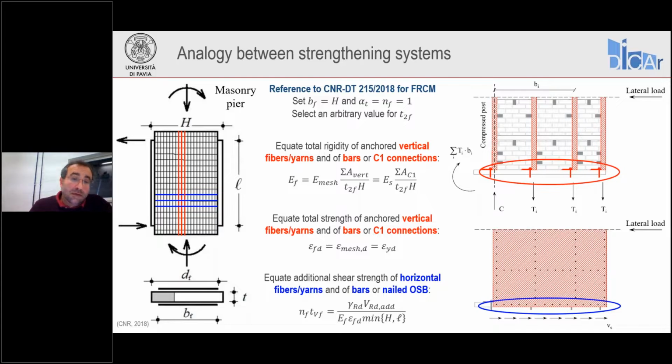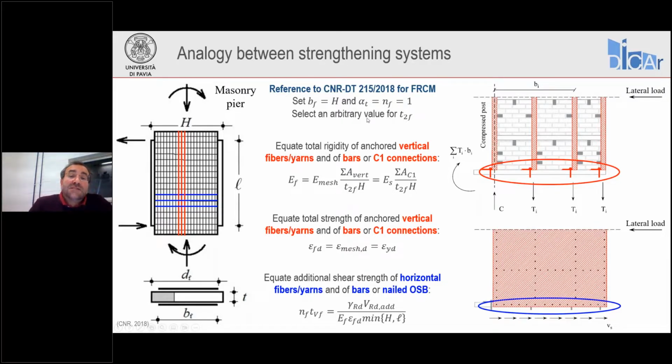Now, you can see this parameter BF here is the width of the strengthening of the pier. For the analogy, we can just say that BF is equal to the overall width of the element, which is H. So we can just set this. There are some coefficients, alpha T and F, that we can just take equal to 1 for our analogy, doesn't matter.